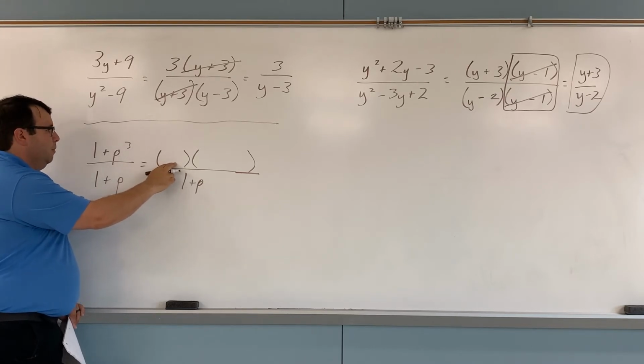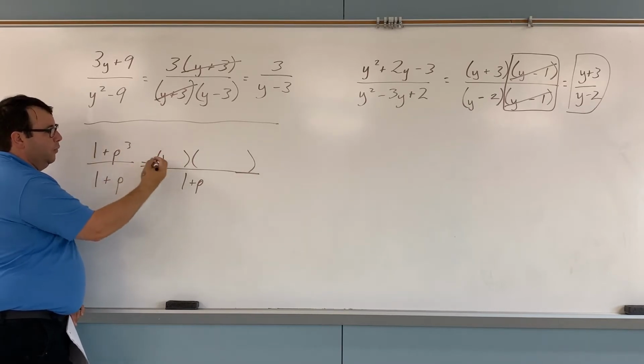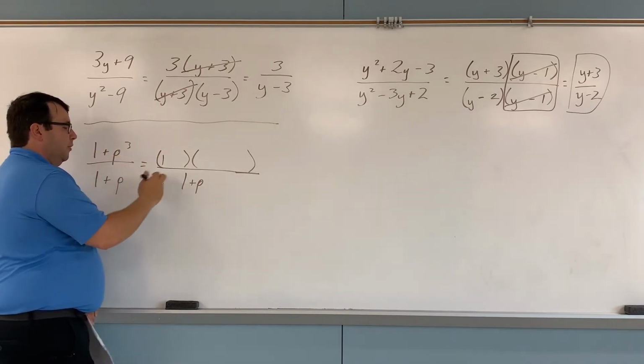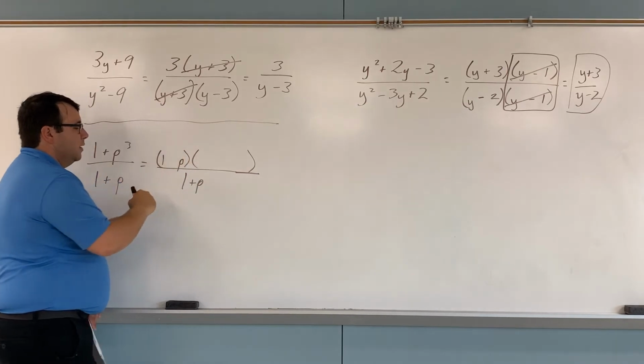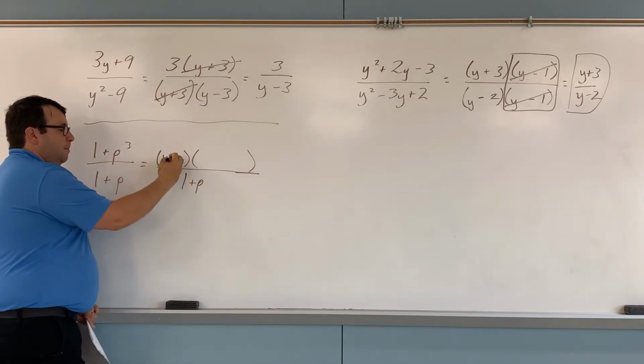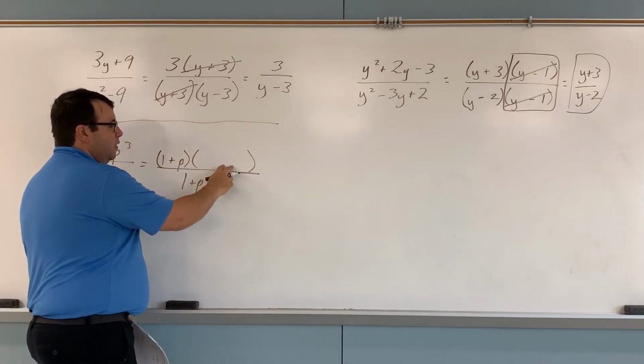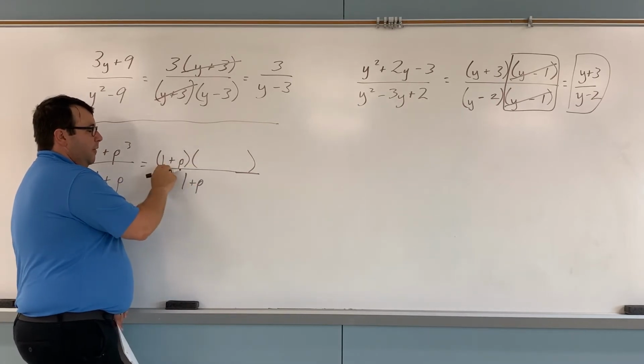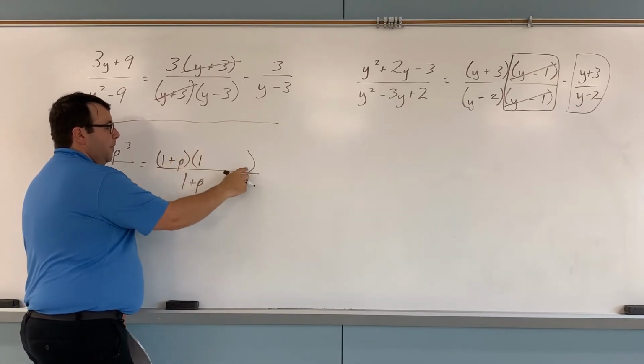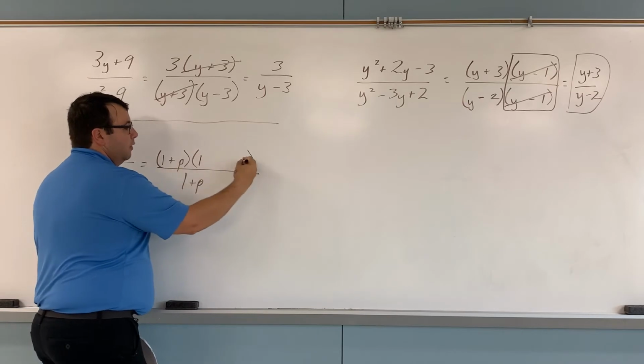But we're going to go ahead and apply this. So what times itself 3 times would give me 1? That's 1. What times itself 3 times would give me p cubed? That's p. The sign is the same. Over here, my first term is my first term squared. My last term is my last term squared.